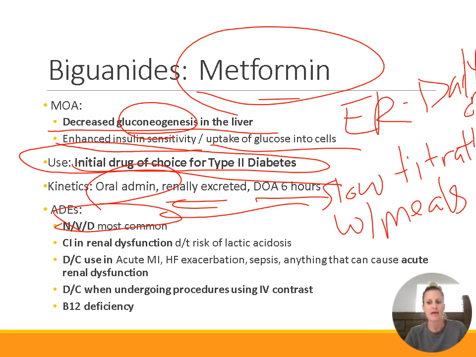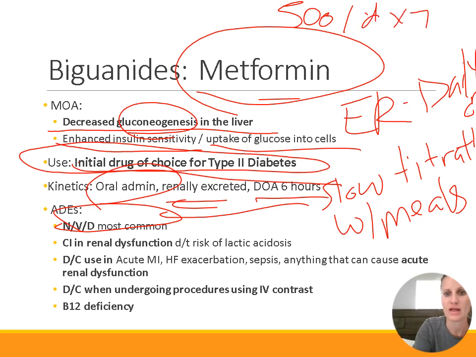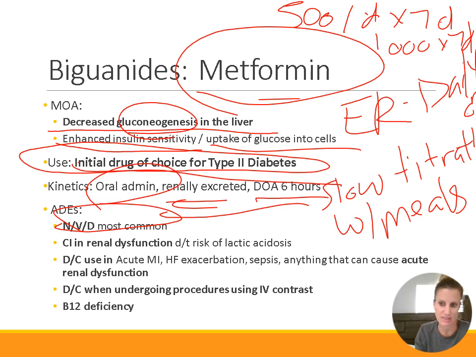When we look at that dose titration, for example, if we were giving the extended release formulation, they would generally take 500 milligrams daily for 7 days. Then you can increase that to 1,000 milligrams daily times 7 days, then 1,500 milligrams daily.